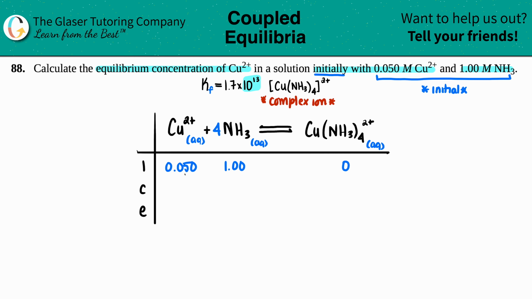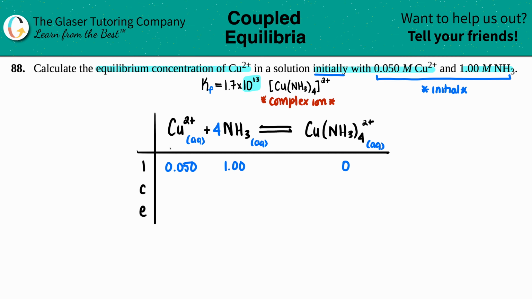Now, you might say that it might be the 0.05 because this is the lower number. However, it has to be on the same mole basis. There was only 1 mole of copper, but there are 4 moles of NH3 all combined into 1 molarity. So in order to find out which one we're actually going to do the math for, we have to find out which one is the limiting reagent.